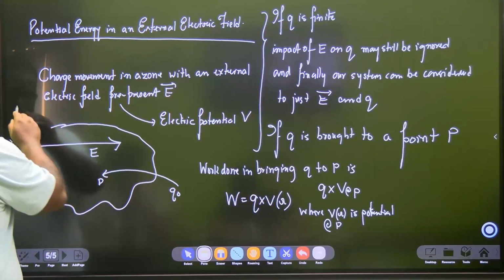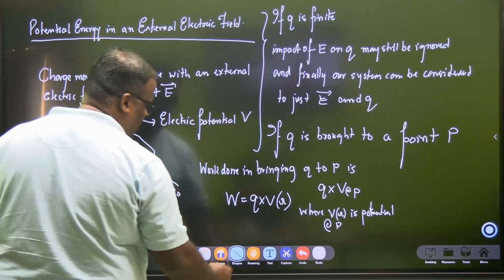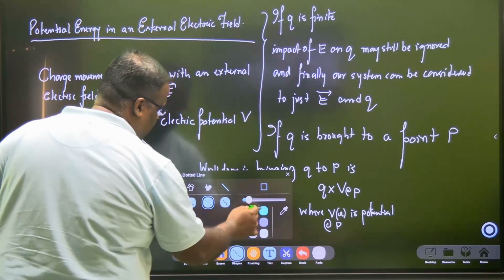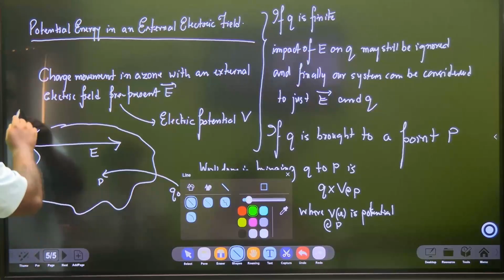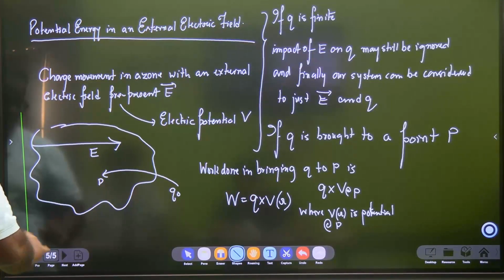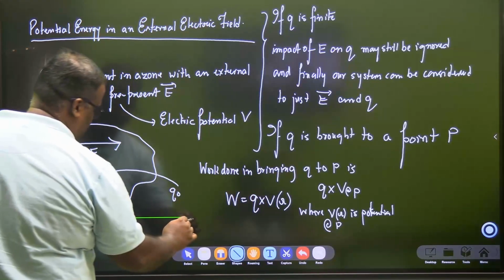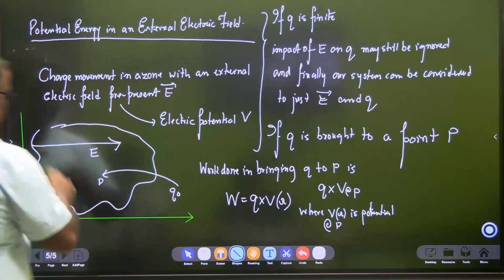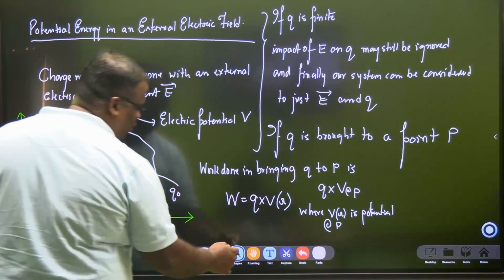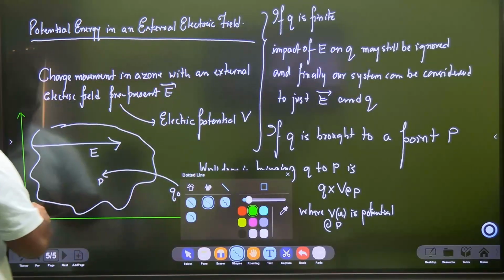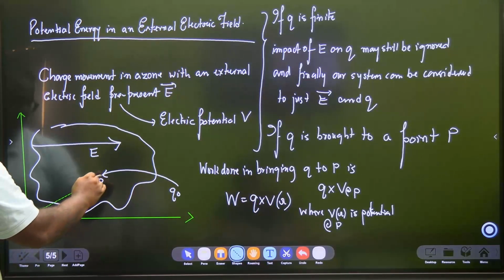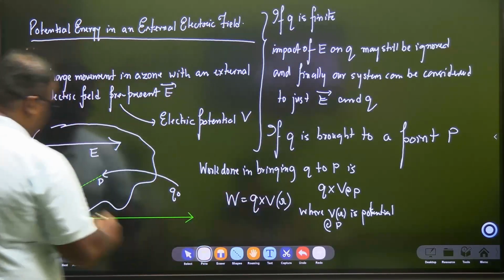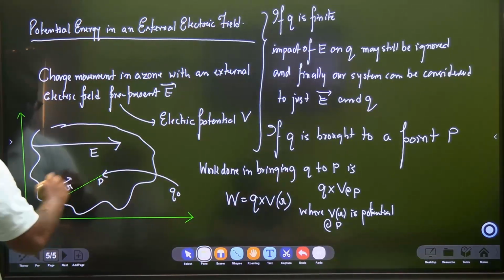If you want to make it more simple, then you can have a Cartesian coordinate system like this, all right? And you can join this point, and this is r. r is the position vector.